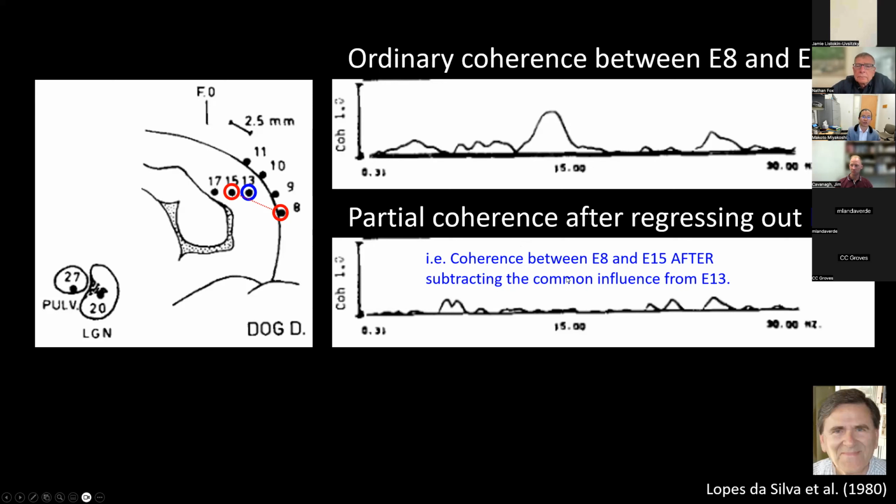If we don't see much alpha peak here, it means that the ordinary coherence peak in the alpha range is actually the common input from electrode 13. That's why after subtracting this out, you don't see much. So maybe electrode 13 sends a common drive to those two electrodes. That's why those two electrodes were synchronously activated.